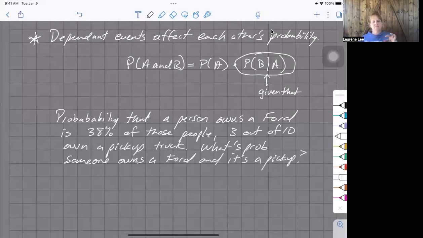Okay, so in a sense, this is kind of two events, right? I'm putting two requirements on you. It has to be a Ford and it has to be a pickup, but these are dependent events because we're looking at the whole population saying 38% of those people own a Ford, but then we're looking at just the population of the people who own a Ford and saying 3 out of 10 of those people own a pickup.